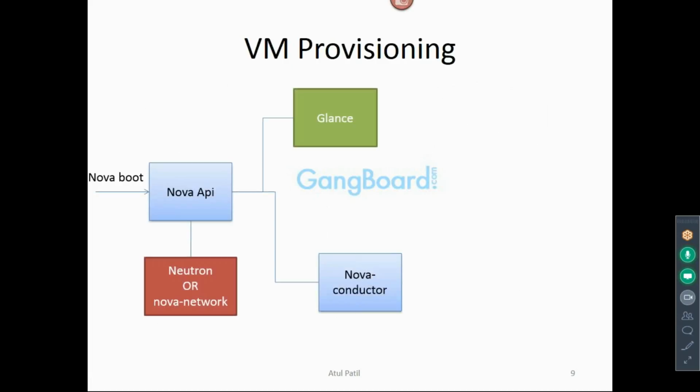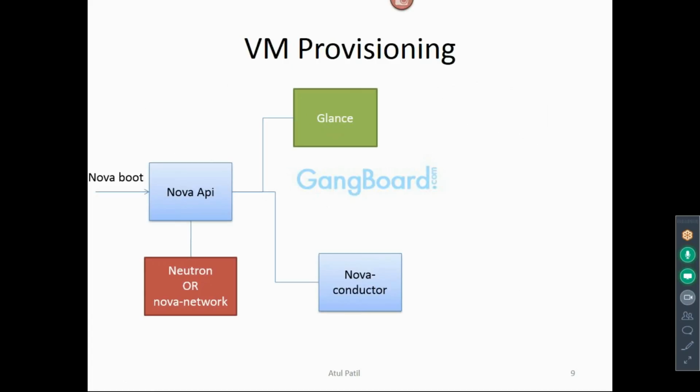So Nova API will talk with Glance first. We require an ISO file from Linux or Windows or whatever. When we get the ISO file, Nova API will talk with your Neutron for the IP address. After getting the IP address and the ISO file, Nova API will send the information to the conductor, means hold this information.